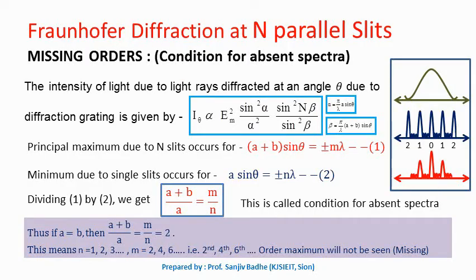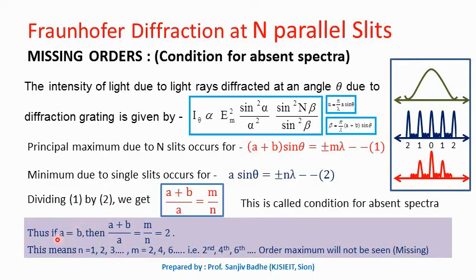So we can get this condition for absent spectra by dividing equation number 1 by equation number 2. Sin theta will get cancelled because the two conditions are coinciding at this angle. Lambda will also get cancelled, and therefore the condition we will get is (a plus b) upon a equal to m upon n. This condition is called the condition for absent spectra or missing order.